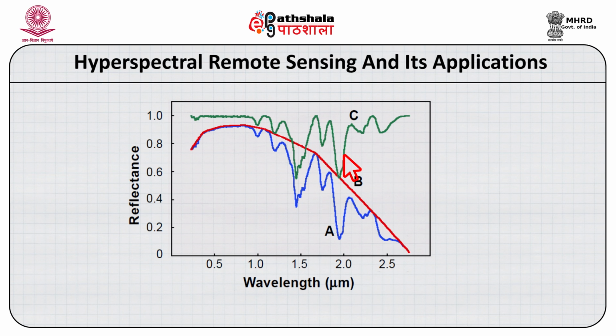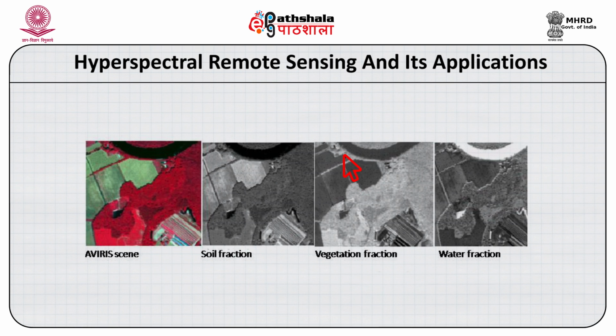Now, we have spectral unmixing. Since we are using n number of bands, there is a chance that features may mix. For that we have the linear unmixing technique. If you see figure 12, on the left side we have the AVIRIS scene, that is the visible infrared region, then on the right side we have the soil fraction, the vegetation fraction, and the water fraction.